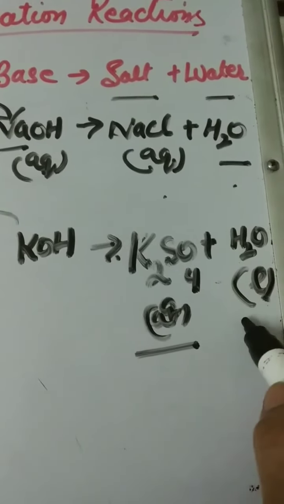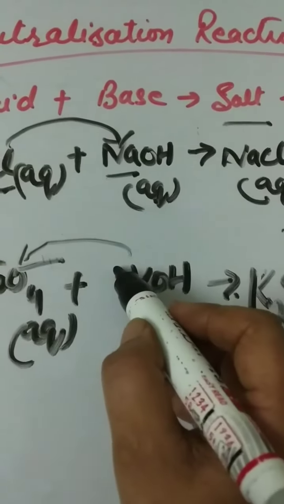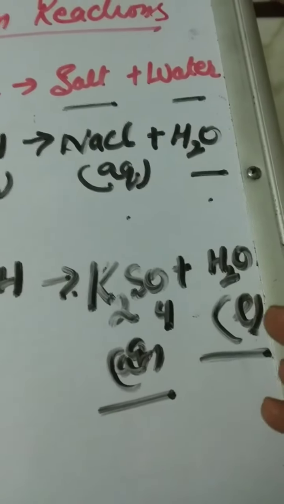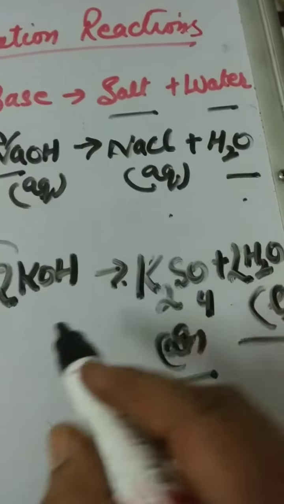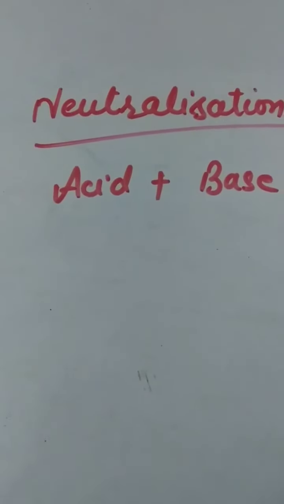Salt and water. Now we will balance this equation by putting coefficient 2 in front of potassium hydroxide and in front of water.